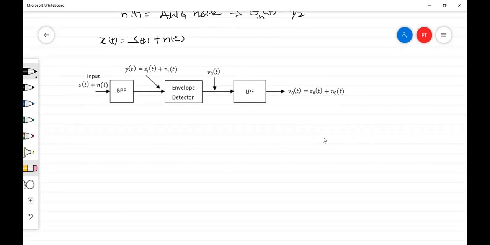Once you know the input is the sum of signal and noise, the output of the band pass filter is the sum of signal component and band pass noise component.